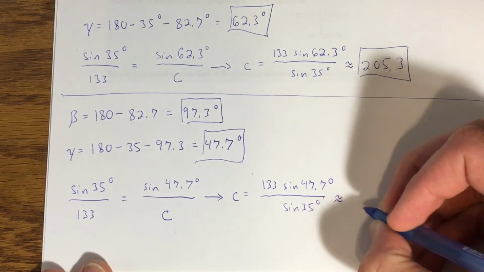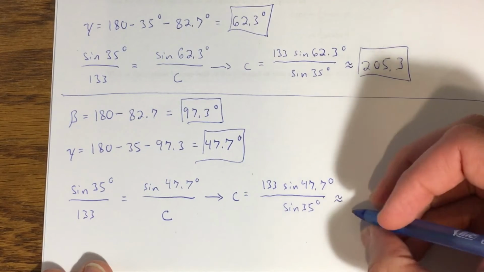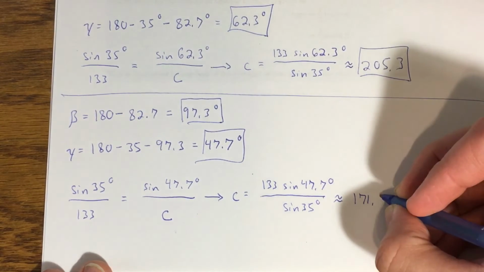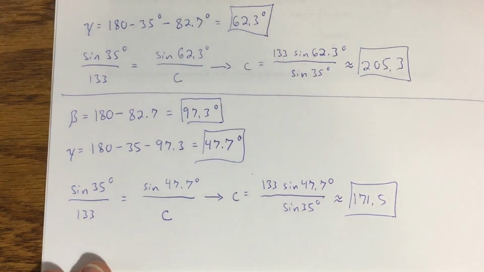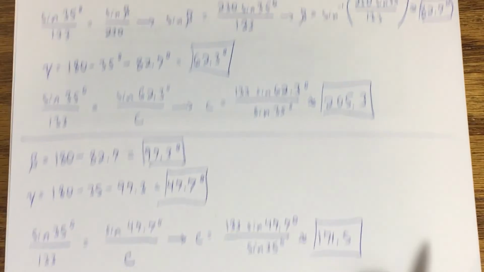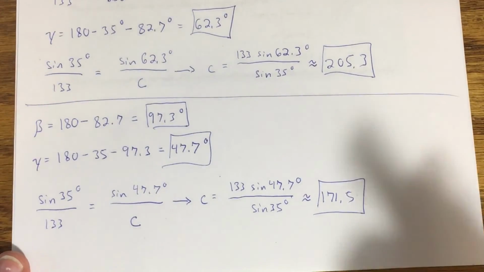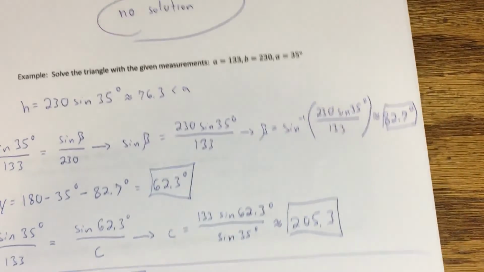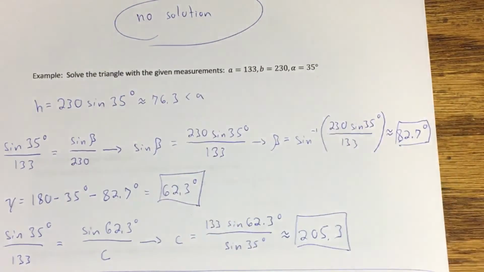And for this case, that goes into a calculator. What we're going to get is approximately 171.5. Okay, together, these measurements and these measurements form the two possible solutions for a triangle that would have these measurements.